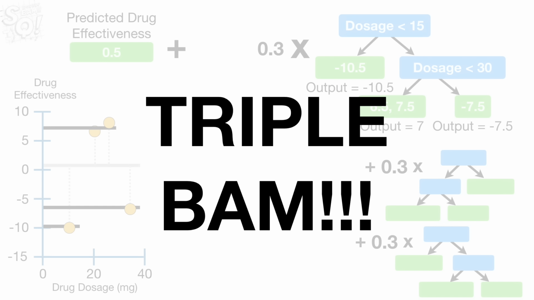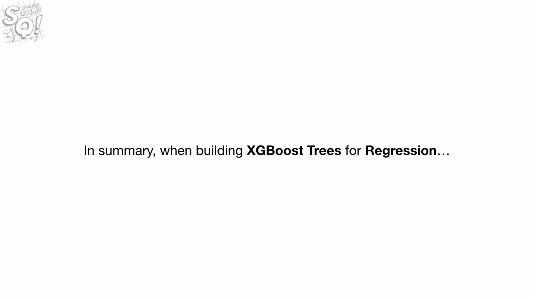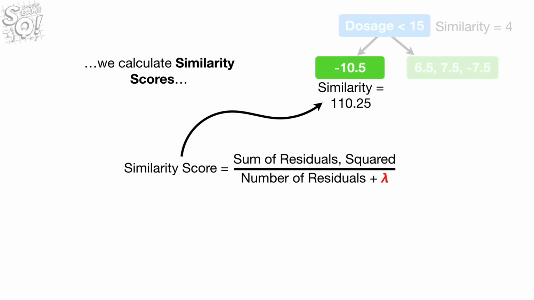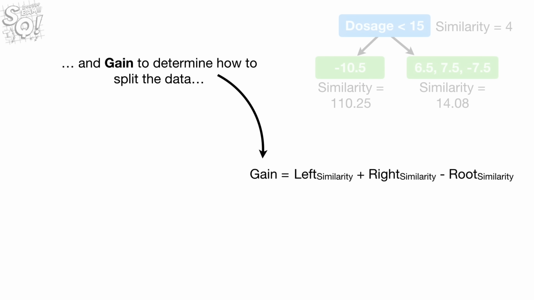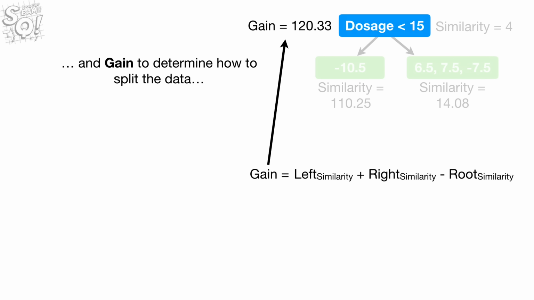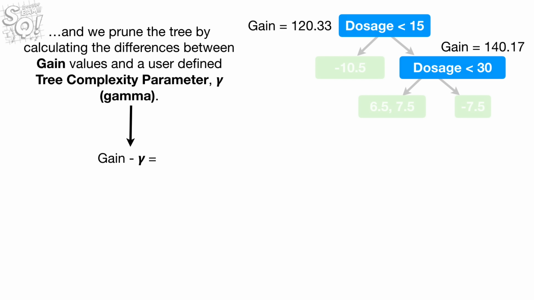Triple bam! In summary, when building XGBoost trees for regression, we calculate similarity scores and gain to determine how to split the data. And we prune the tree by calculating the differences between gain values and a user-defined tree complexity parameter, gamma.